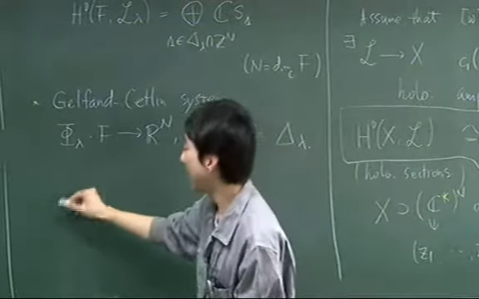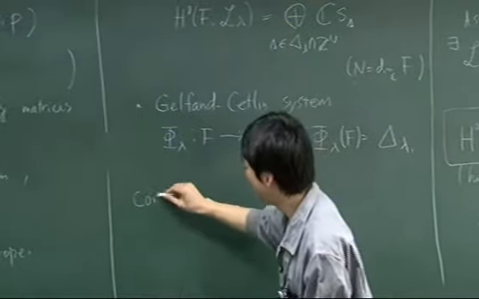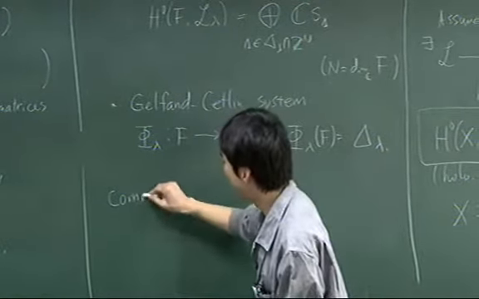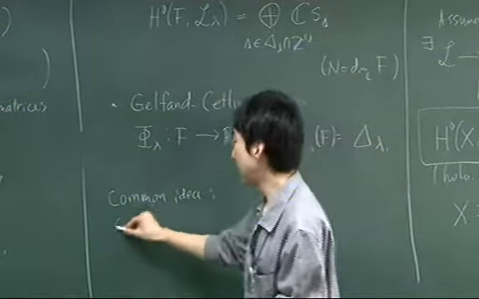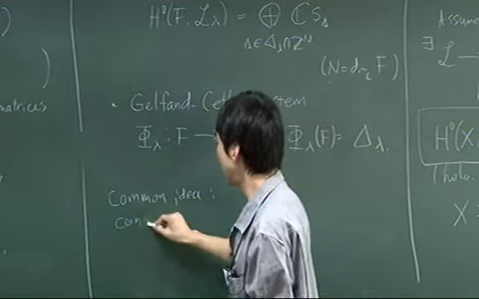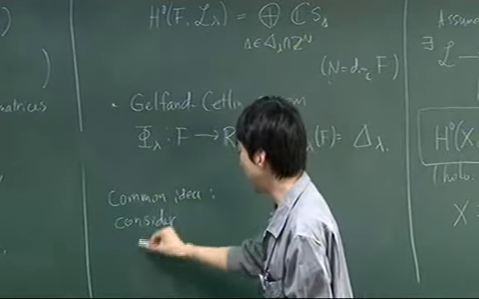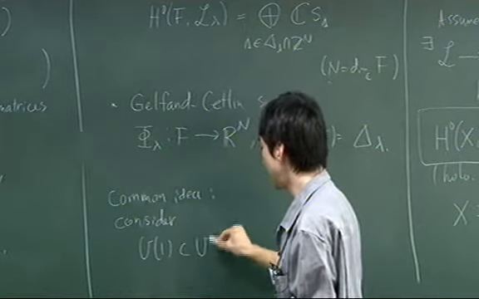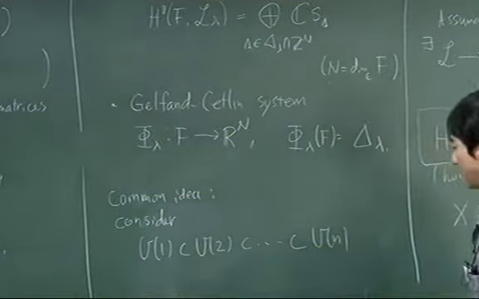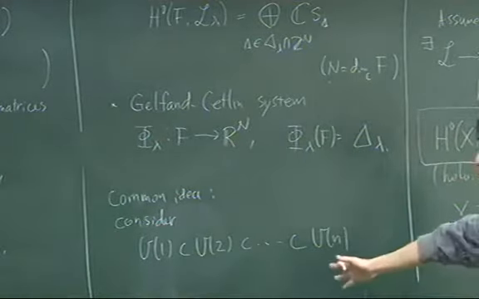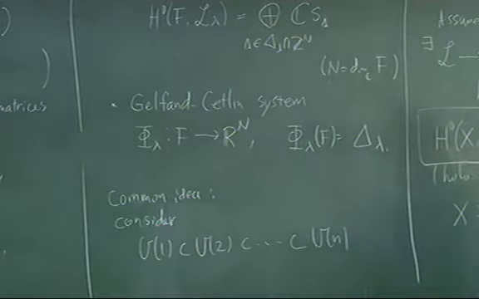And the common idea is just to consider the chain of subgroups, and we consider the action of these smaller unitary groups.